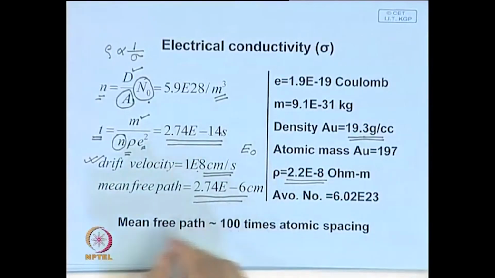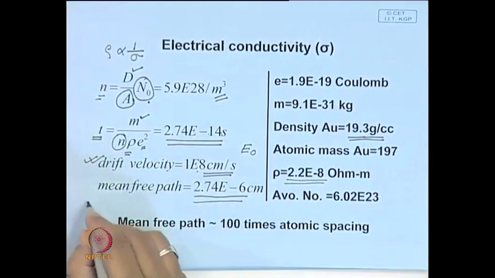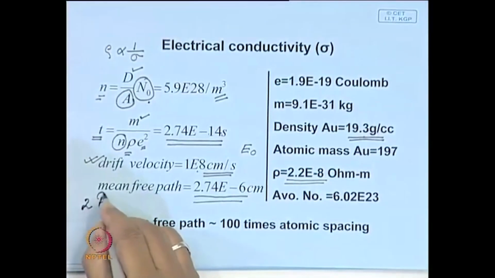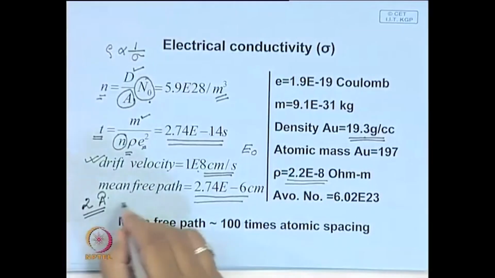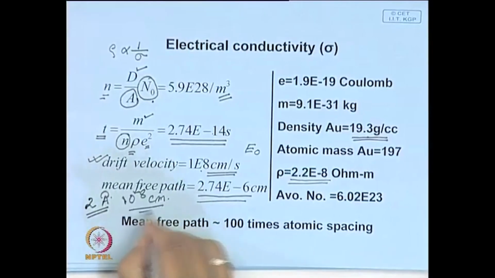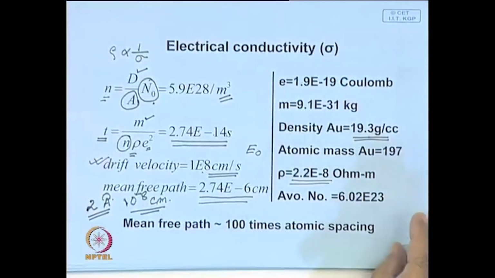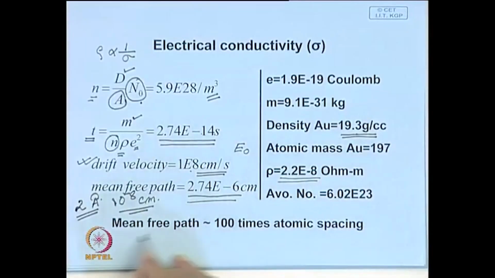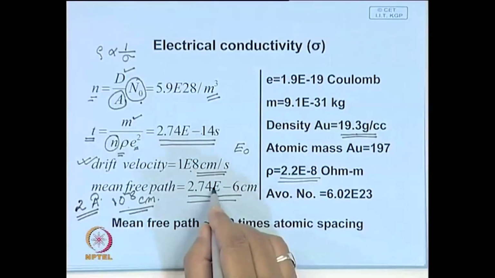The atomic distance for most crystalline structures is of the order of 2 angstrom, and angstrom means 10 to the power minus 8 centimeter. So, this mean free path is 2 orders of magnitude higher than this.